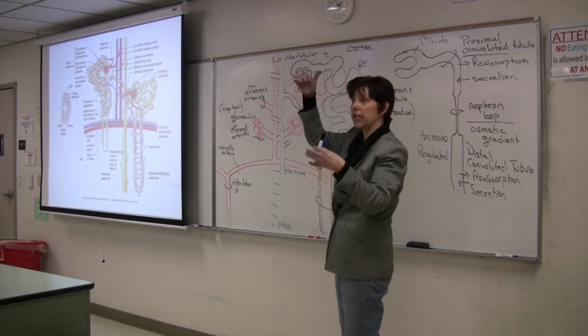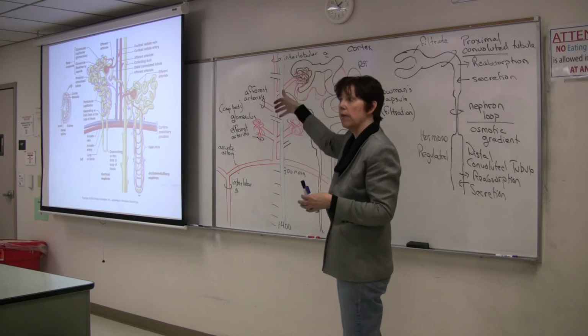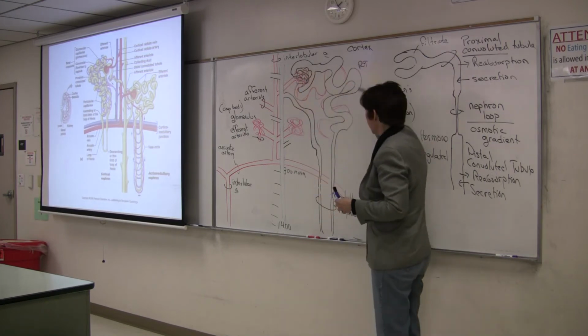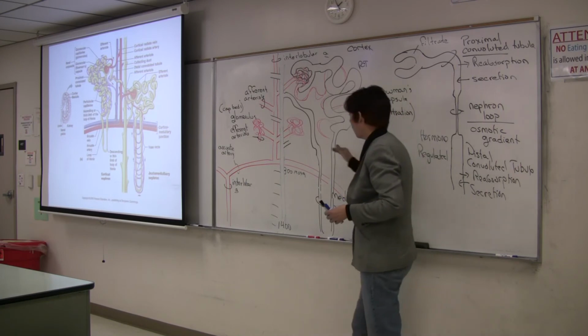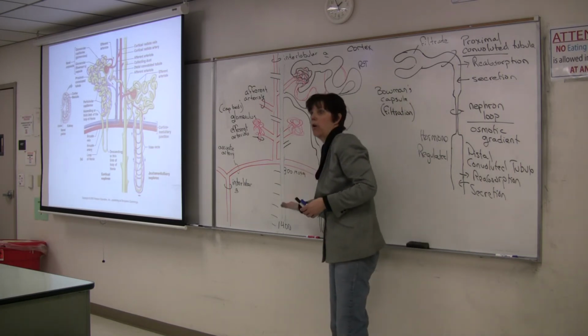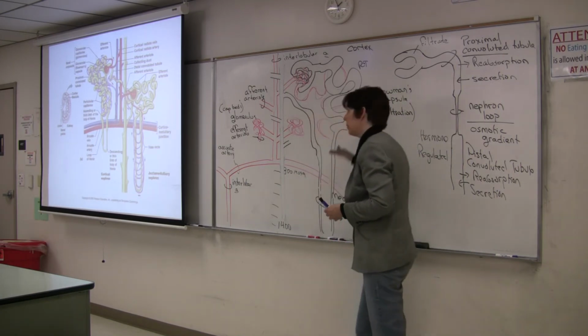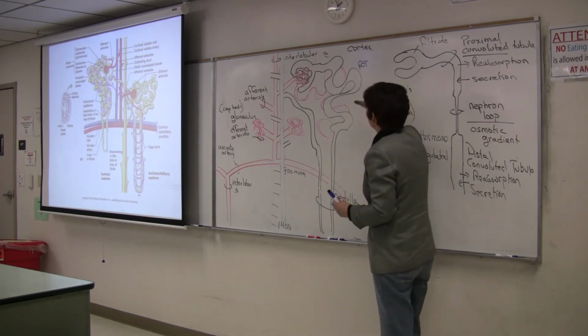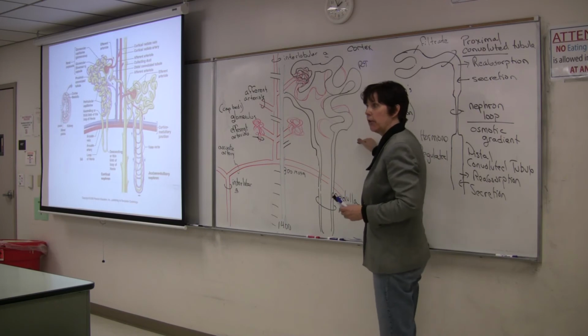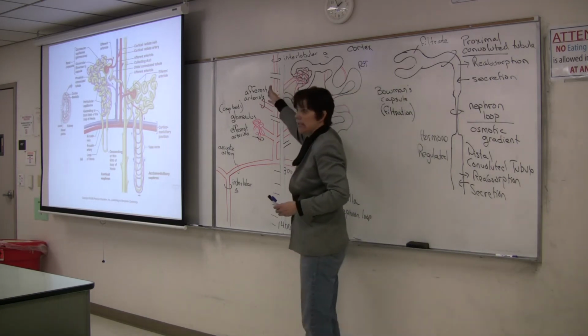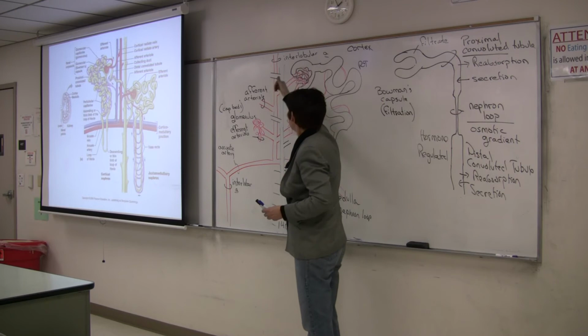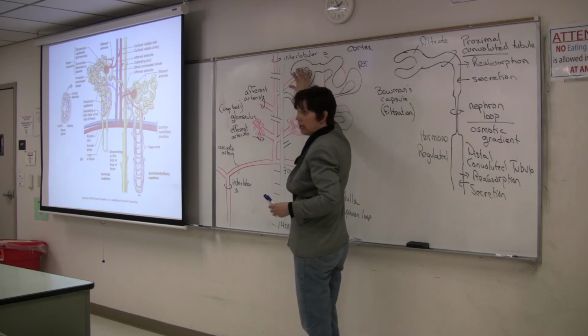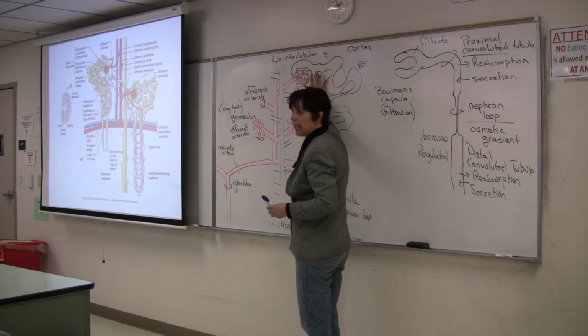And I also, lecture-wise, want you to be aware of what structures and vessels we find only in the cortex, what structures and vessels we find only in the medulla, and what structures we can find in both. All right? So, vessels that we find only in the cortex, of course, are the interlobular, the afferent and efferent arterioles, and our glomeruli, and peritubular capillaries, everything that you can see up here.